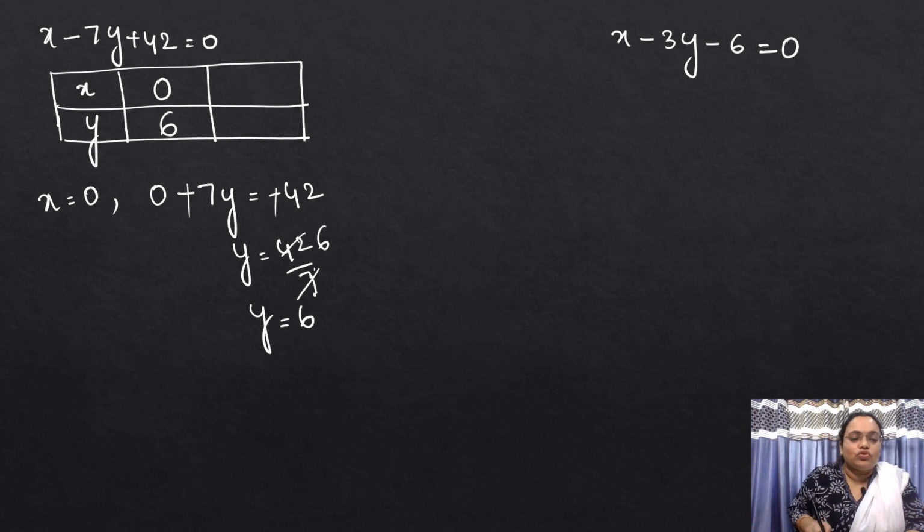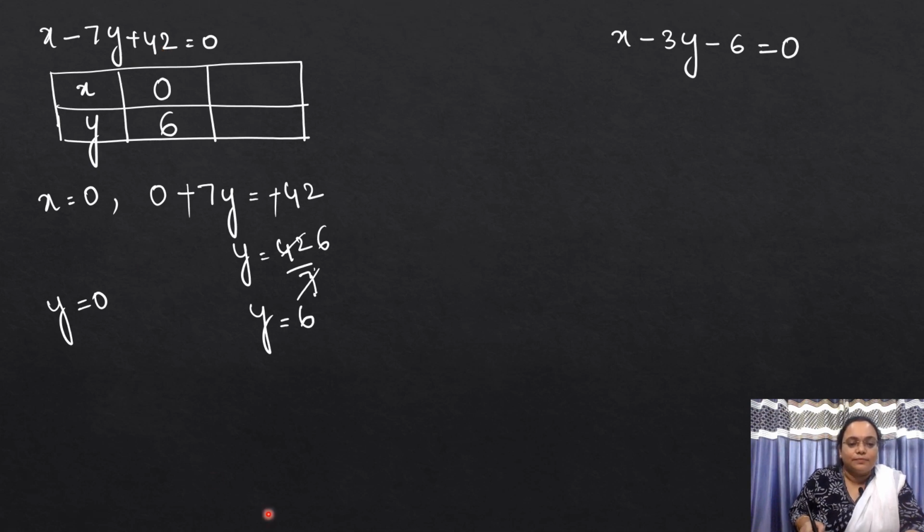Okay. So if you take y is equal to 0, this whole term will be 0. You will get x is equal to minus 42. Right? So this will be a bigger number to plot on a graph. So we'll take a smaller number so that it will be easy for us to plot it on a graph.